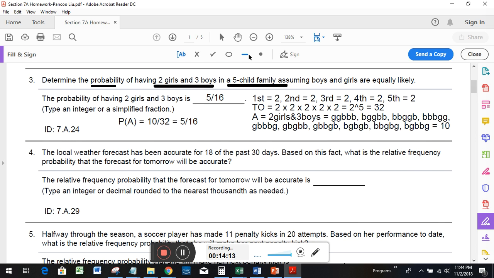Number 4 here says the local weather forecast has been accurate for 18 out of the past 30 days. Based on this fact, what is the relative frequency probability that the forecast tomorrow is accurate? Now, whenever you see the keyword relative frequency, basically they want your answer as a decimal. And so you want to divide to get your answer.